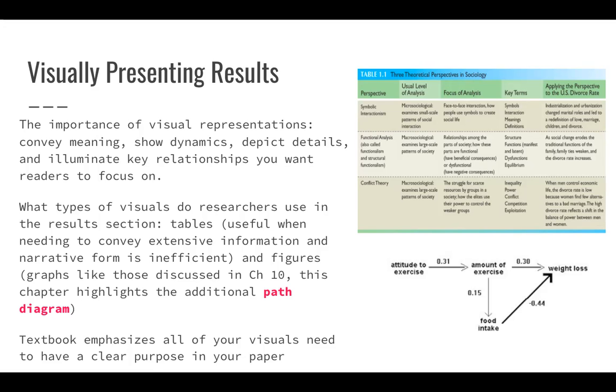So, the higher it is, the stronger the relationship. So the relationship between amount of exercise and food intake, a pretty weak relationship. But the relationship between food intake and weight loss is at negative 0.44, is a little stronger.